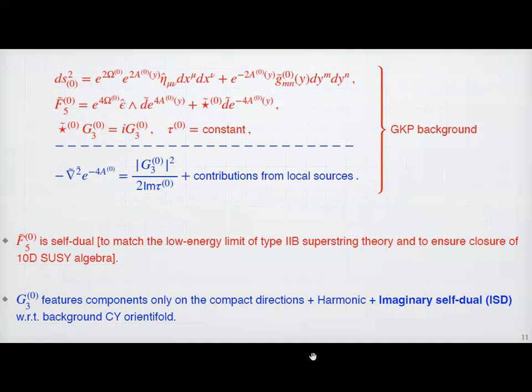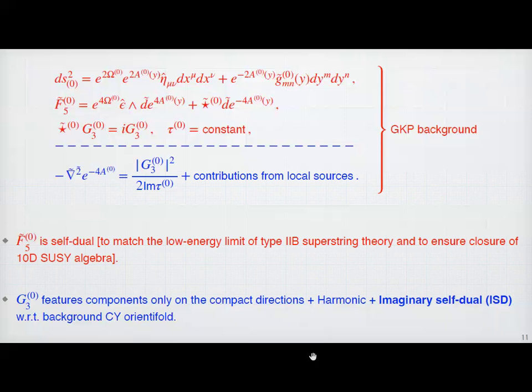There is a more general GKP background, where these can vary over y, the extra dimensional coordinates, but we'll stick to that. And this is also the most widely explored in string phenomenology, because this is the weak coupling limit of F-theory. And on top of this, the warp factor is chosen by the fluxes.